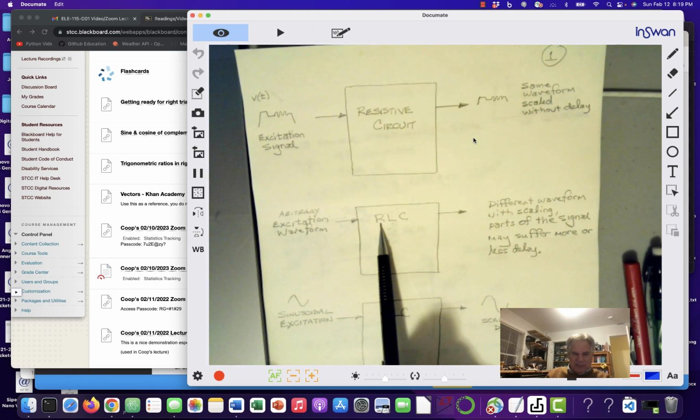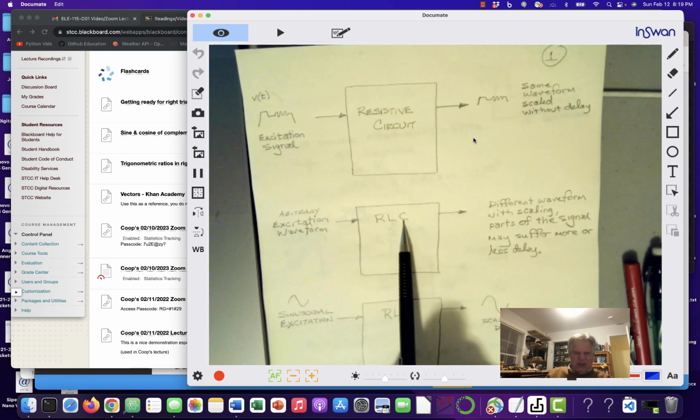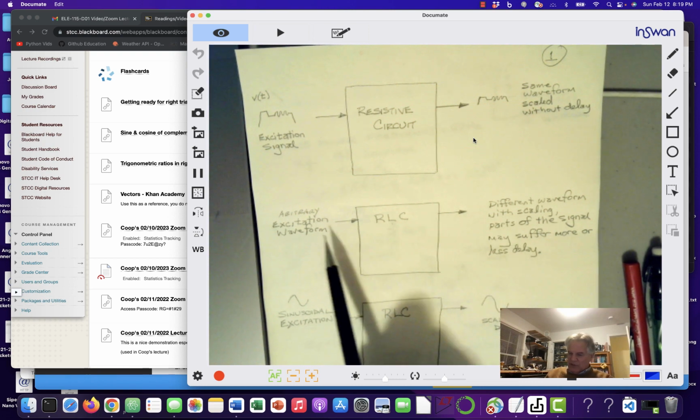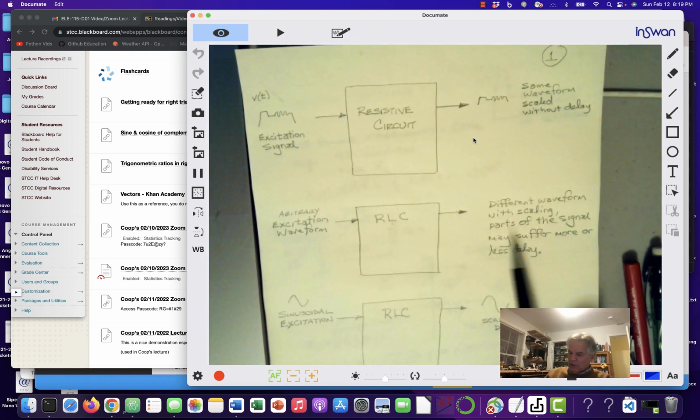They do their thing immediately. But inductors store up magnetic energy and release it back. Capacitors store up electrostatic energy, like charge, and release that back, and it'll completely skew and smear our waveform all over the place. And so we'll get a different waveform with some scaling. Parts of the signal may suffer more or less delay. We're not going to get the same signal out, period. So it's a different waveform in this case.